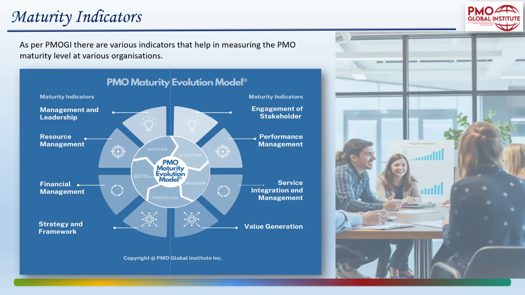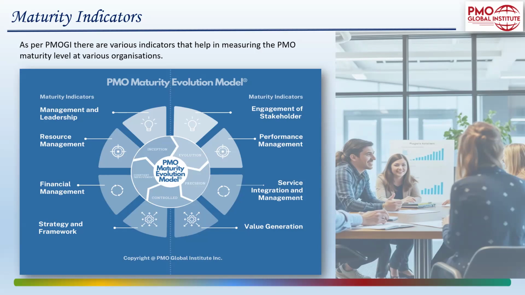That will decide whether the PMO is going to be successful. If today they're performing at 60%, can they achieve 80% or 90% effectiveness or not? So these are some of the indicators. They are very clear indicators.